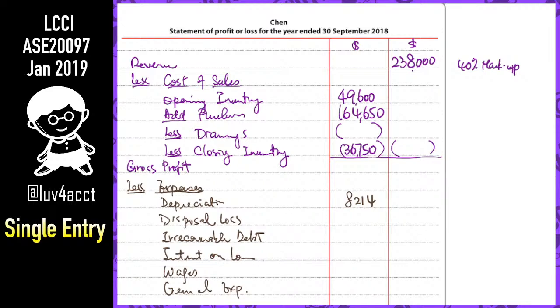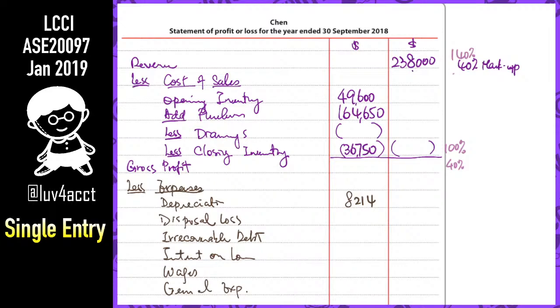If you do not know, you go back and revise. So if we have 40% markup, it means that 100% is here and then 40% is here. That means for the revenue it would be 140% of cost of sales.